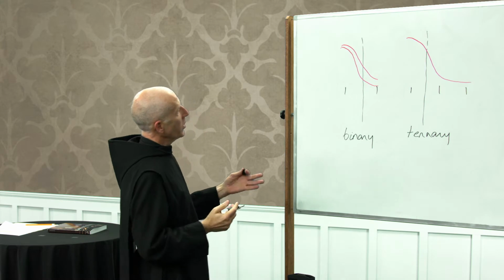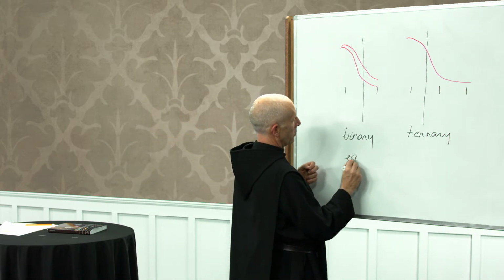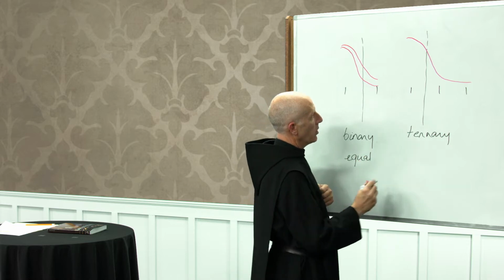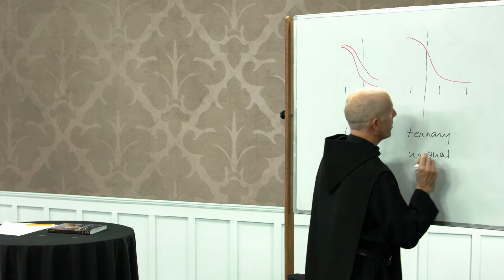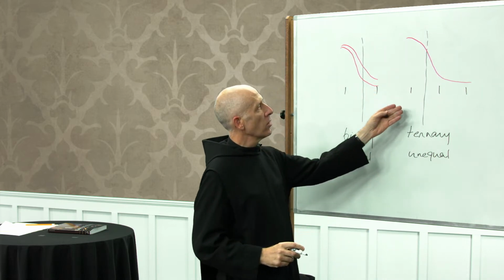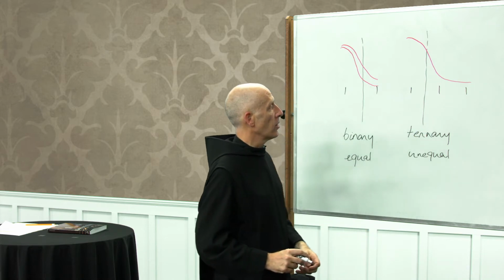And we can call this, as we learned last time, the equal elementary rhythm, and this the unequal. Why is this unequal? Because there's one beat on the lift and two beats on the fall.